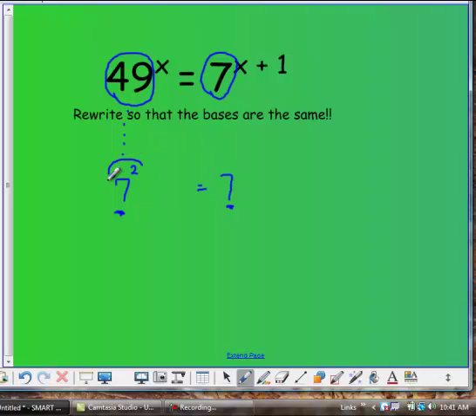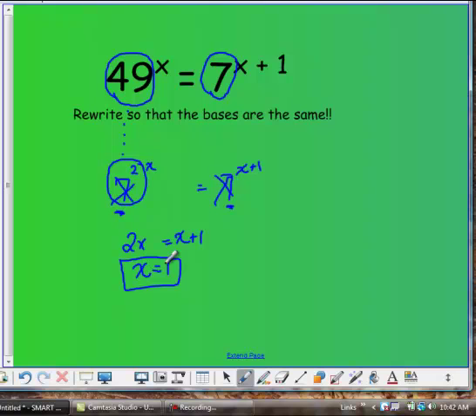So all I did was take that 49 and rewrite it as 7 squared. I'll bring down the rest, and now I'm back to before. I notice that my bases are the same, so I can ignore them. And now I'll just solve the exponents. And look at that, x equals 1.